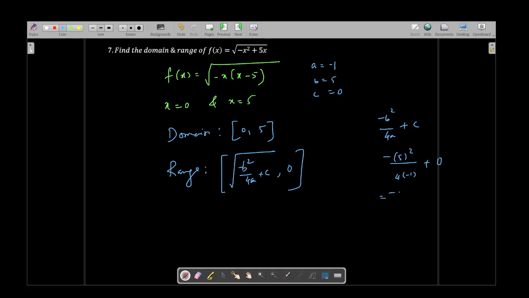So this is minus 25 by -4, which is 25 by 4. 25 by 4 is 6.25. So the range I claim is 6.25 to 0.